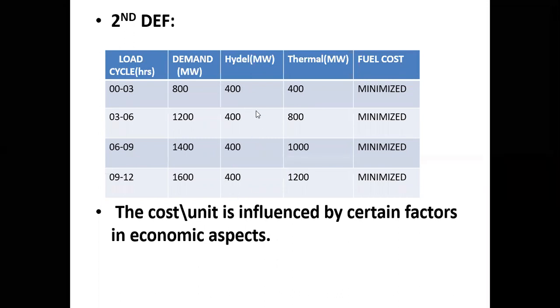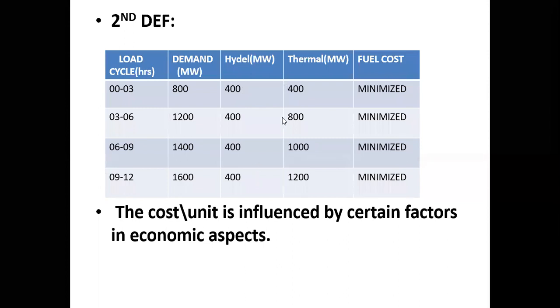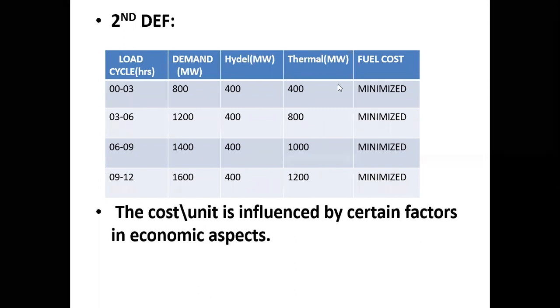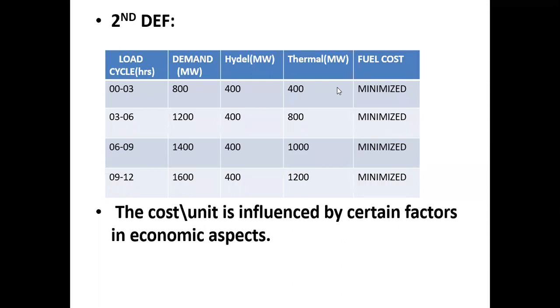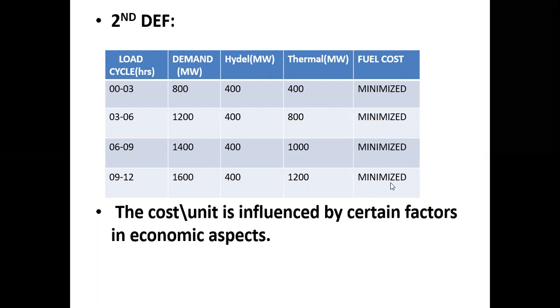It is always giving 400 megawatts. Whatever the remaining demand is, the thermal power plant will operate for that, so that we can reduce the fuel cost. Once you operate like this, easily you can minimize the fuel cost, in all the 4 cases.